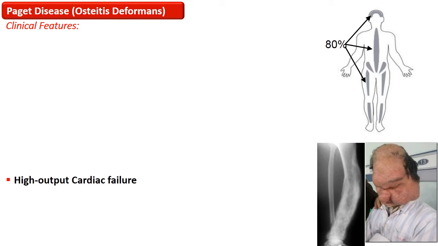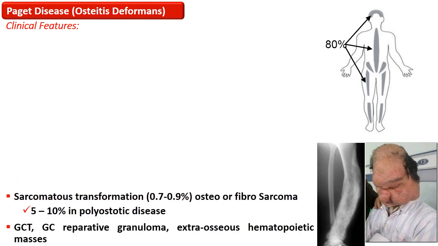The bone is highly vascularized in Paget's disease, so this highly vascularized bone can also lead to high output cardiac failure. Malignant transformation in Paget's disease is also reported, and it is sarcomatous and affects about 1% of the cases. Mostly it is associated with osteosarcoma and fibrosarcoma.